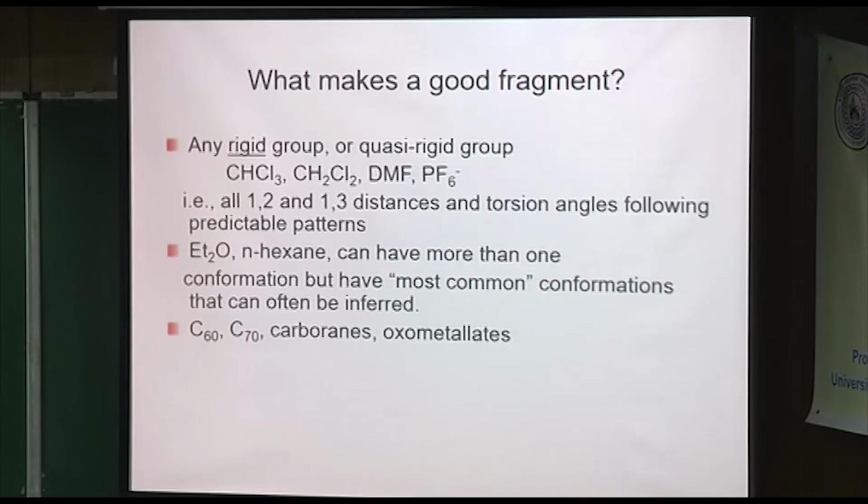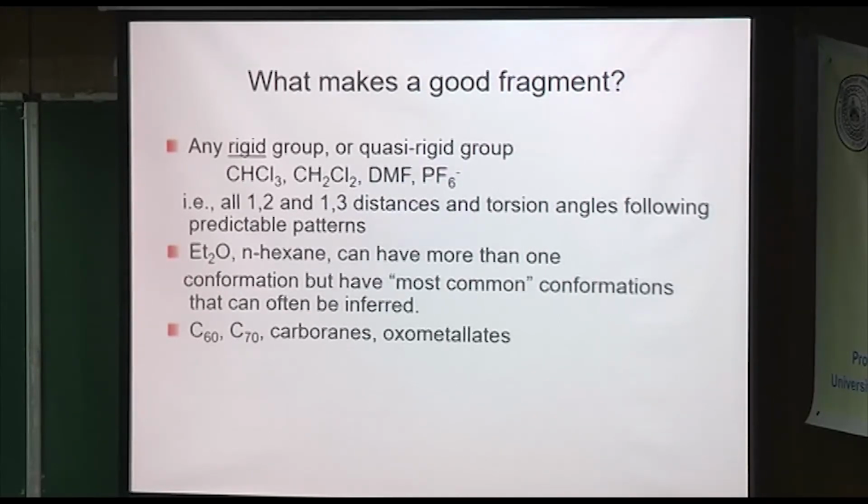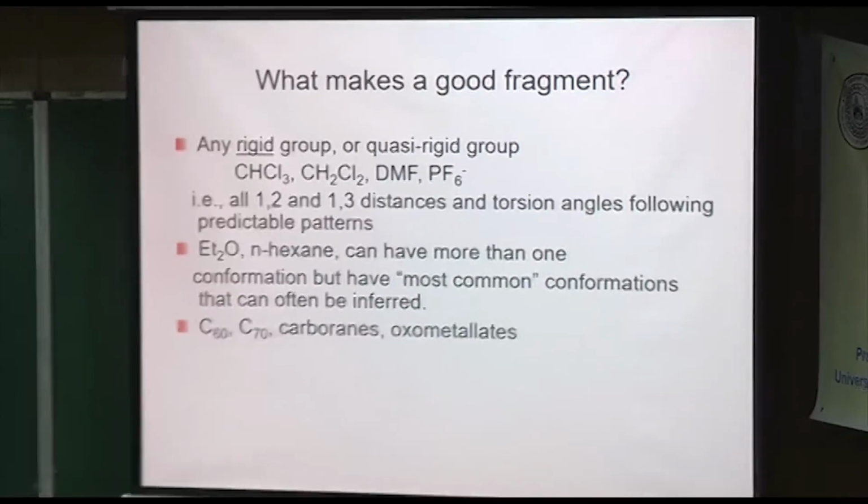But something like ethanol can have more than one conformation. You can have a zigzag conformation or a non-zigzag conformation. So I don't count that as rigid, although the zigzag is more common. So sometimes you can use the zigzag. And of course, these kinds of big groups, fullerenes, C60, C70, they're rigid groups too.